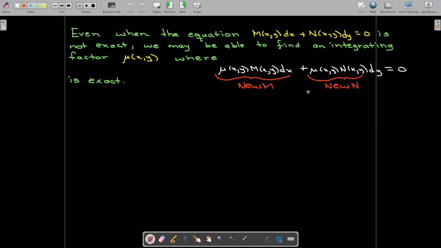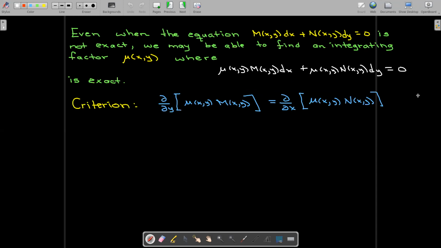Now remember the criteria that we would need to have. I would need to be able to take the partial derivative of the new M with respect to y. That should equal the partial derivative of the new N with respect to x. So this criterion would have to hold.